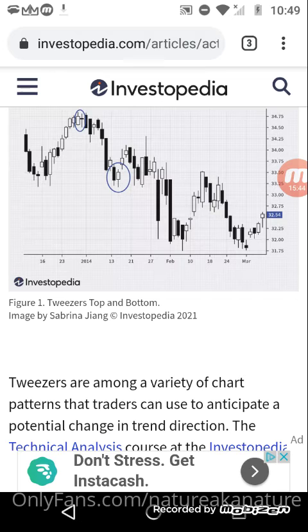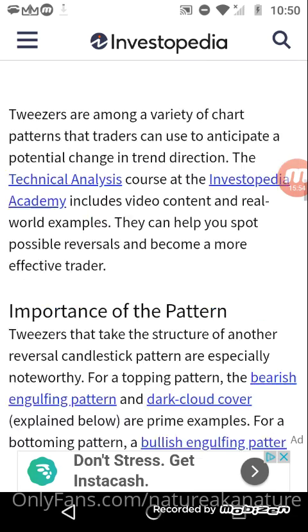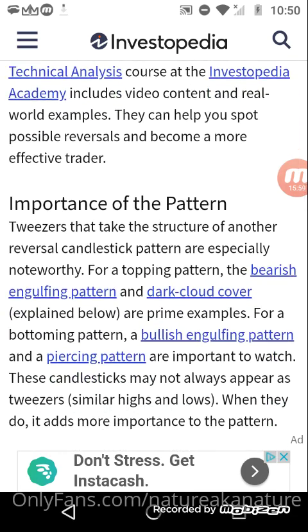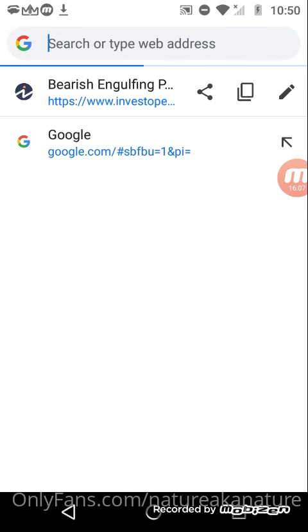As an example, with the tweezer tops, the first candlestick is larger and the second candlestick would be slightly smaller. But in this example, you probably see more of bullish engulfing and bearish engulfing. The second candle is going to be slightly larger than the first. That's how you know it's a bullish or a bearish. Bullish means green, if the green candlestick is larger than the first candlestick pattern. And make sure you look out for these patterns. These are signals.